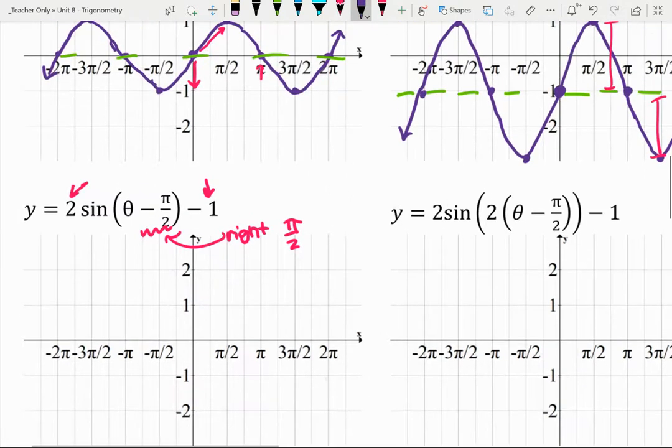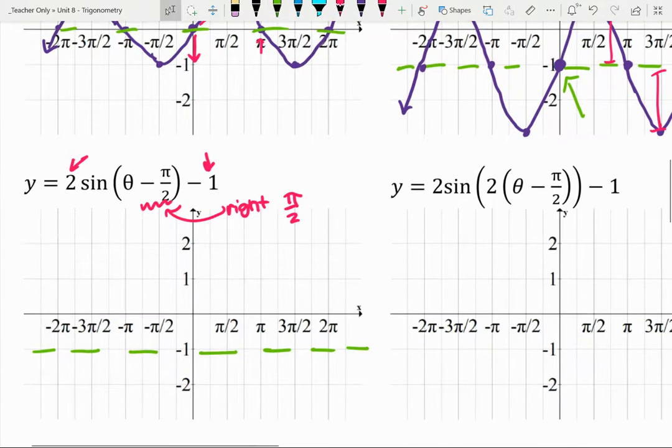So this time, instead of our graph starting at 0, -1, like in our last graph, we're going to start at, oops, and I do want to put the midline in there, sorry. We're going to start at pi halves, -1.